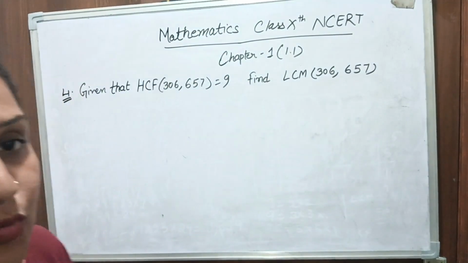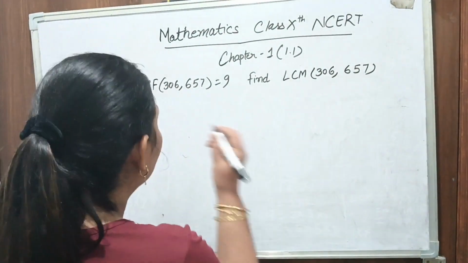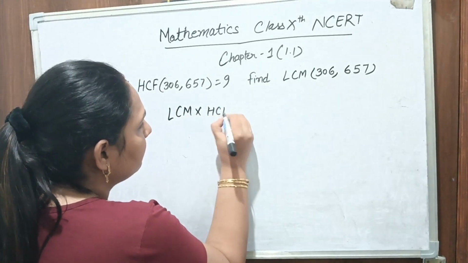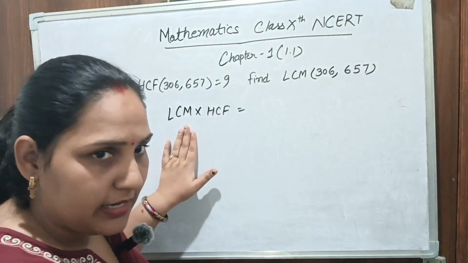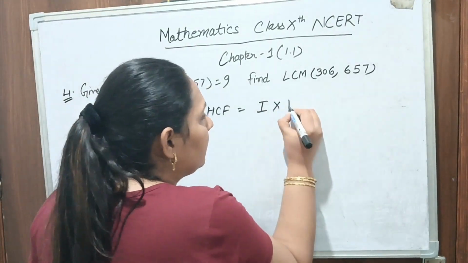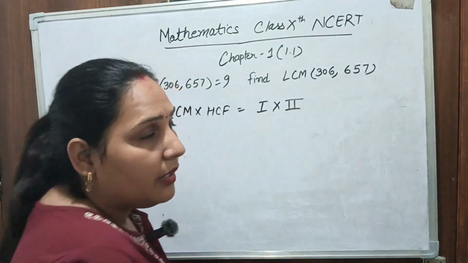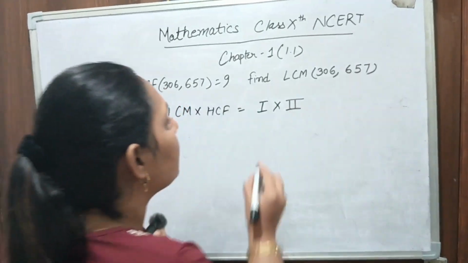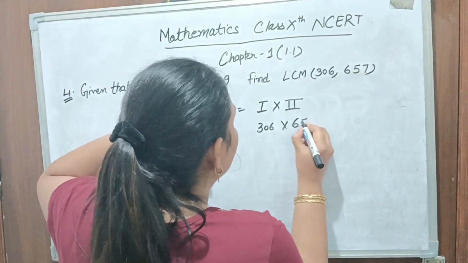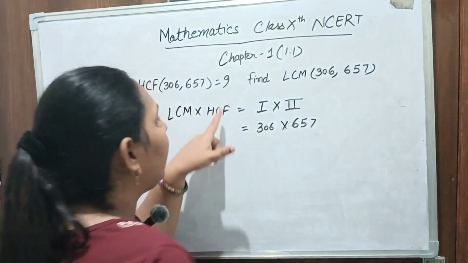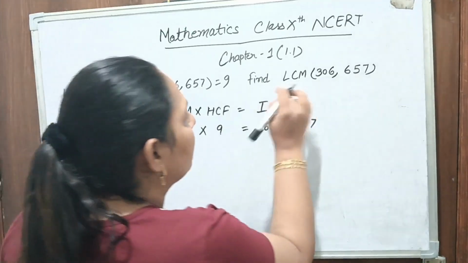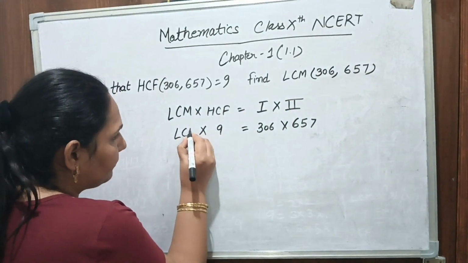So firstly we have to apply the formula: the product of LCM and HCF is equal to the product of the given two numbers. Here the two given numbers are 306 and 657. The HCF given to us is 9 and we have to find the LCM.